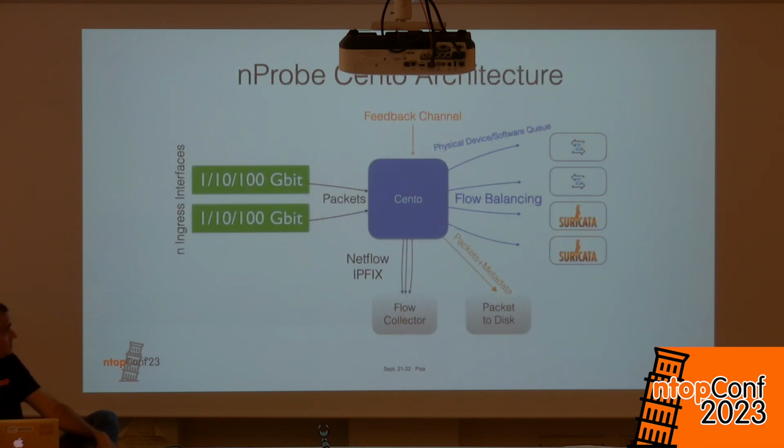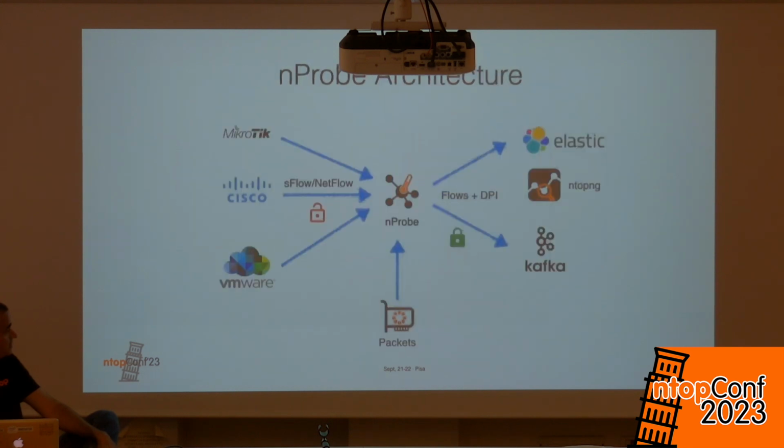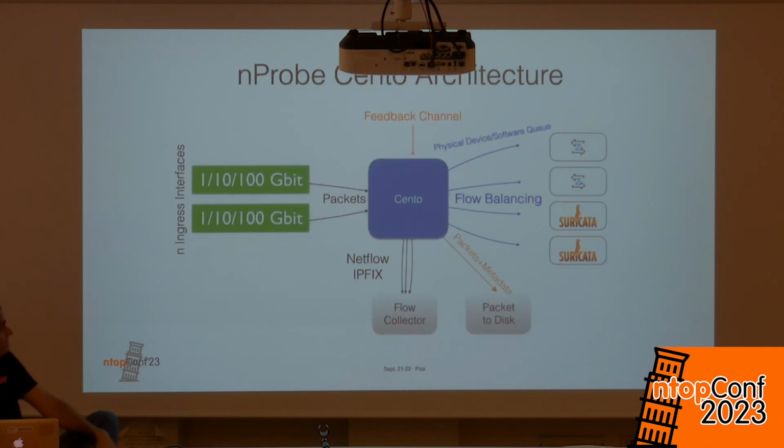It captures packets from multiple interfaces, while mprobe can use only one interface. So this is quantity 1. If you have multiple interfaces, you need to start two mprobe instances, or aggregate traffic, for instance, through a ring. So Cento captures packets and transforms them into flows at a very high speed, 100 gigabit. It can also handle multi 100 gigabit if you have a very fast, very beefy server.